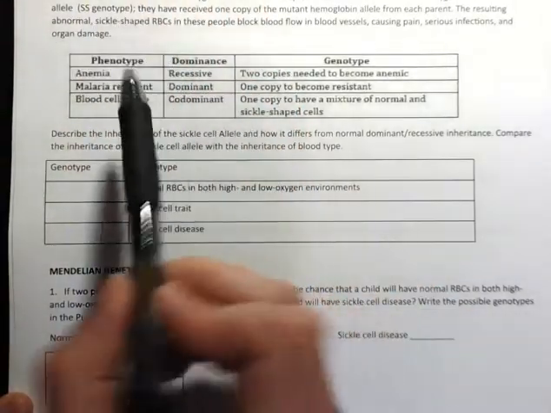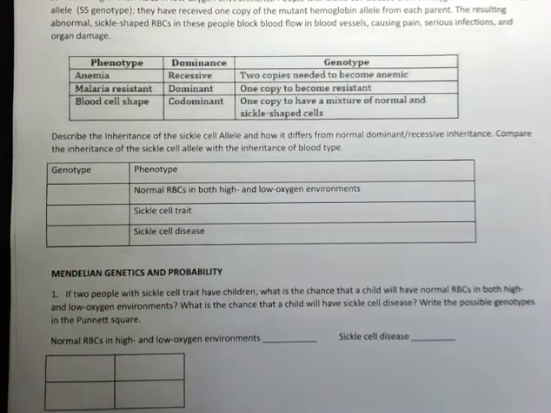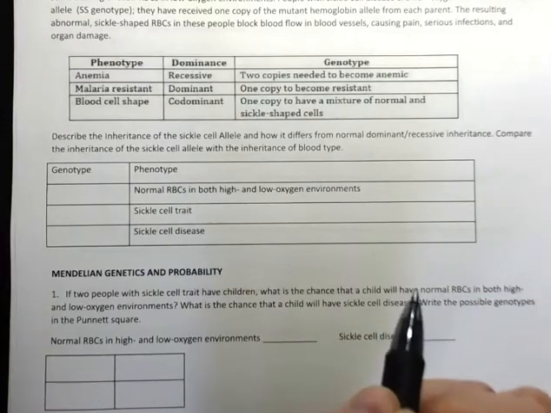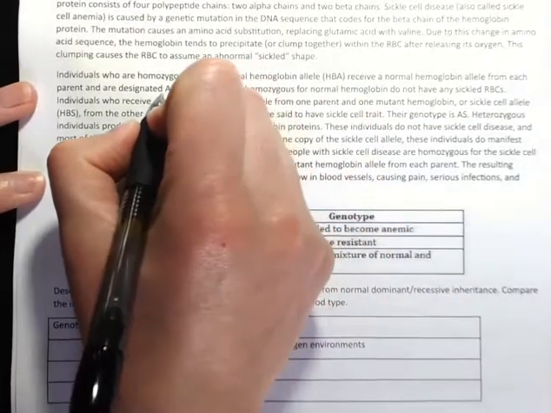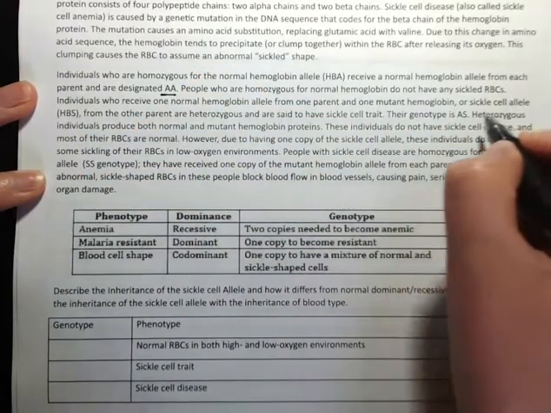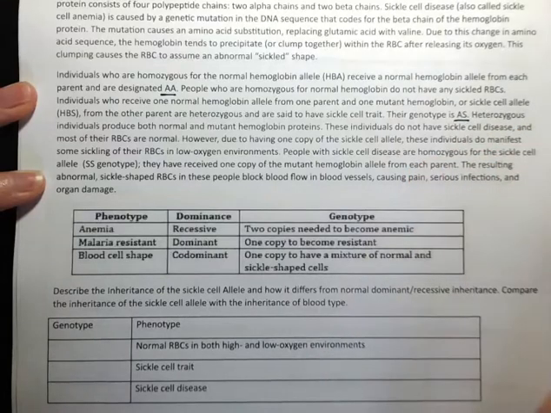So if you read through the background information, you'll see that there's a codominance going on here. You have this sickle cell anemia. You can either have, they're calling it AA for normal hemoglobin, and then we're going to use the letter S for the sickle hemoglobin.